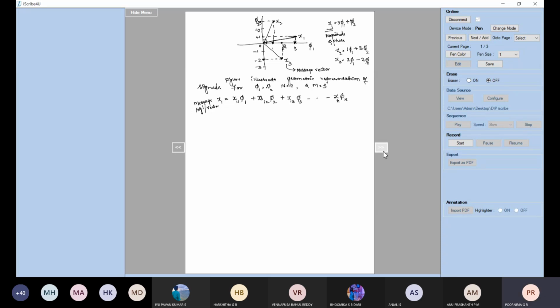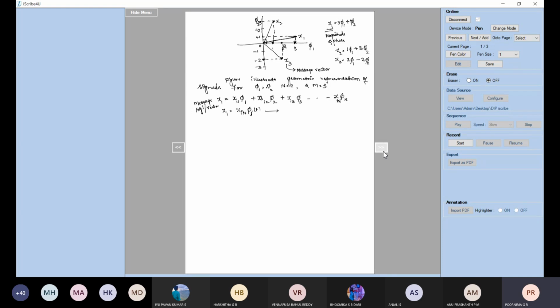So in general, if you are representing this xi, it equals xi1 up to xin into phi1 of t, phi2 of t, or phi j of t.